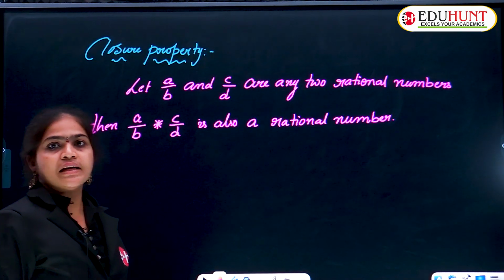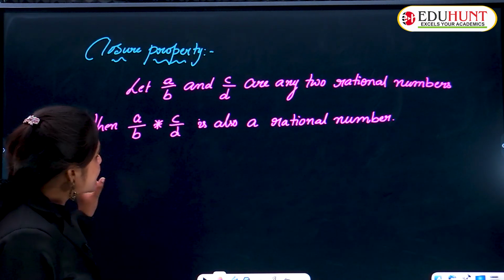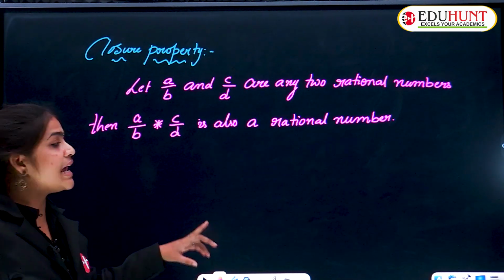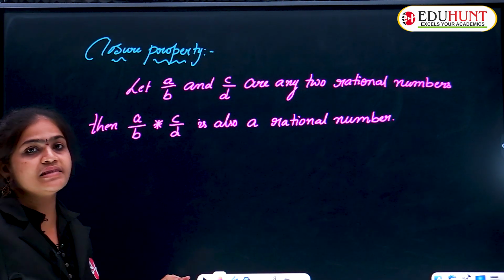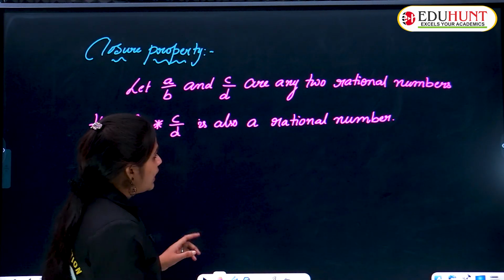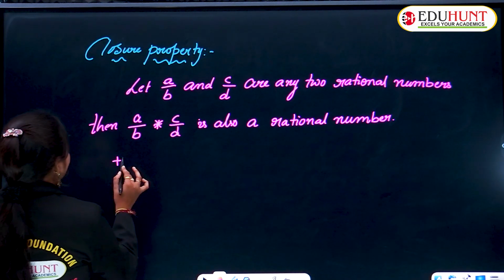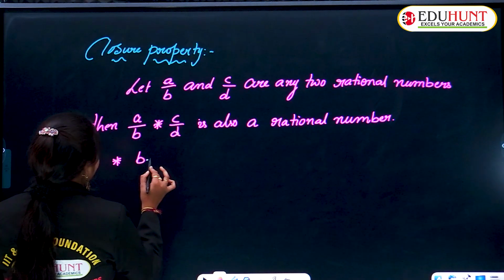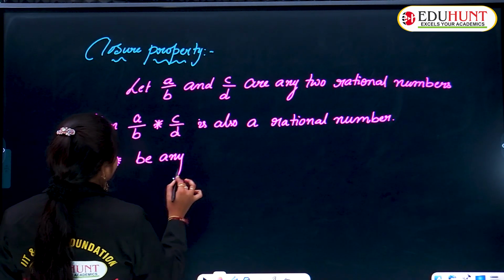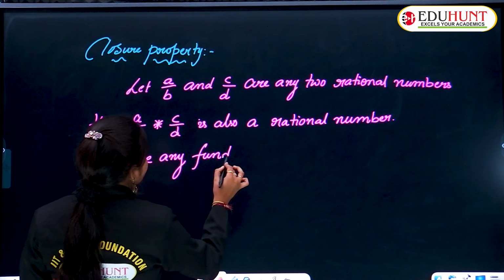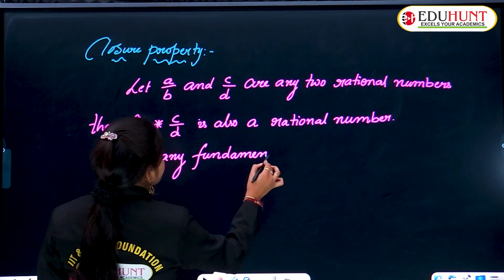Okay, once again see, what is that ma? Let a by b and c by d be any 2 rational numbers, and here a by b star c by d is also a rational number. What about that star? Star represents any fundamental operation. How many fundamental operations are there? 4 fundamental operations are there, right?